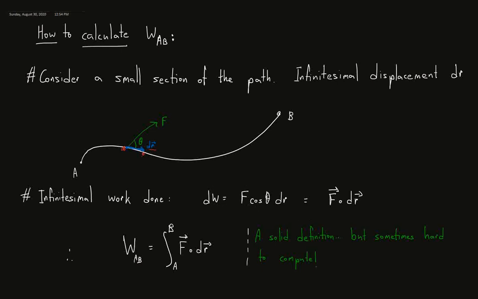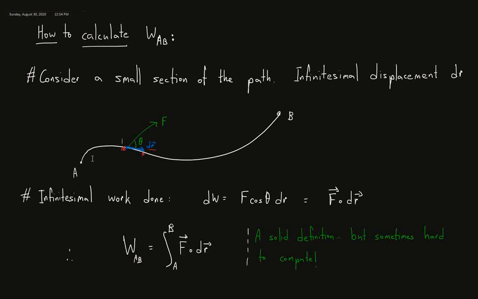Because F dot dr is just F cos theta dr. So basically dW is given by F dot dr. Then the work done in going from point A to point B is simply given by the integration of dW going from point A to point B.